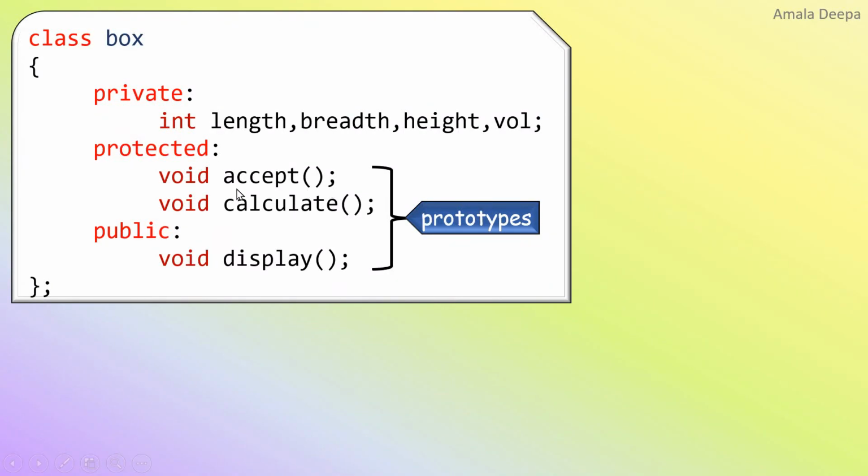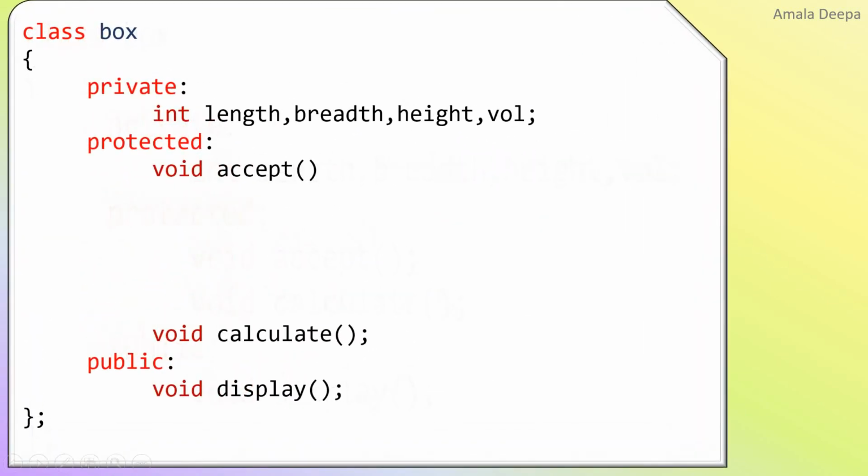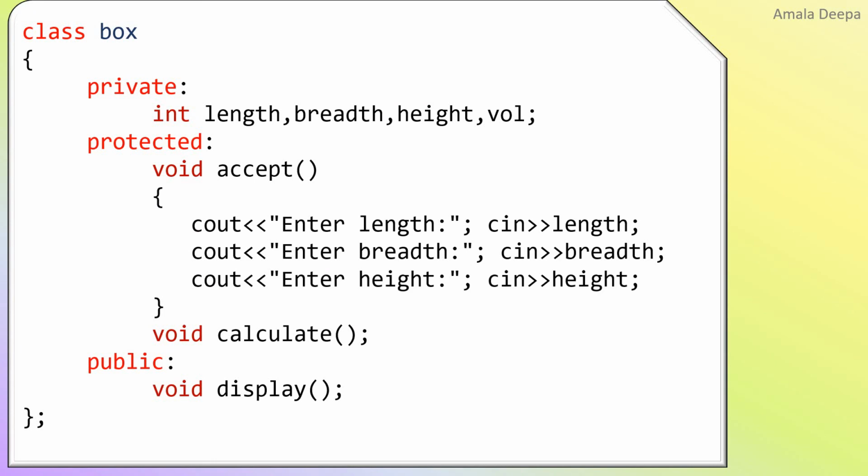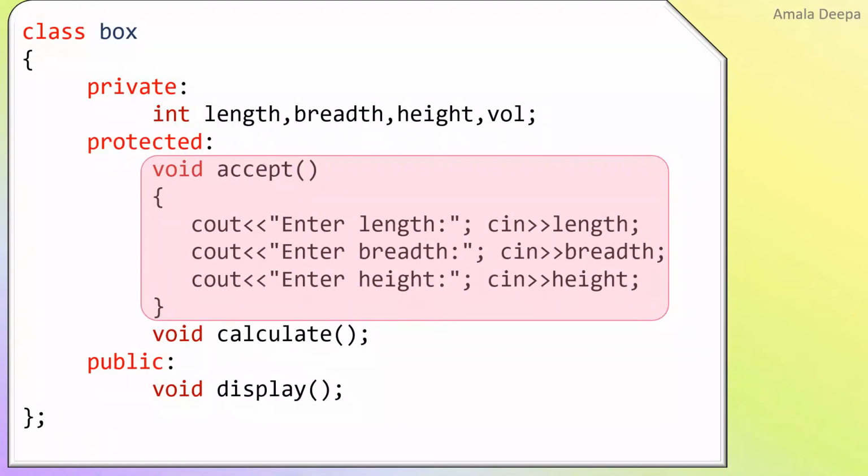Remove the semicolon of this prototype and then write the body of the function within curly brackets. Since I have defined the accept function within the class itself, this function definition is called inline function.